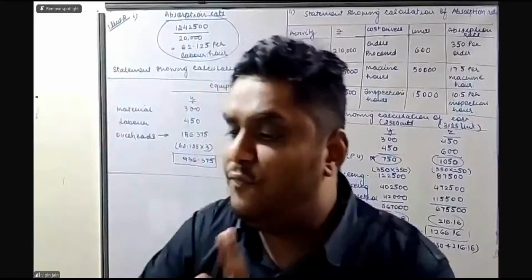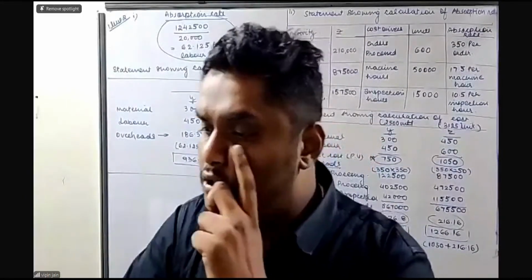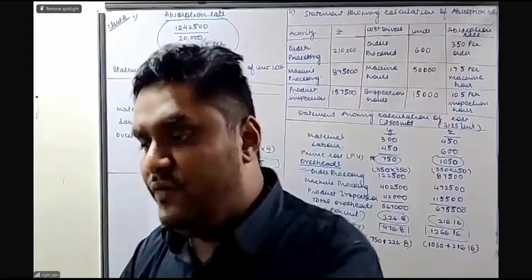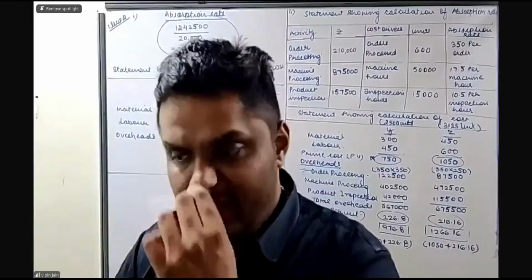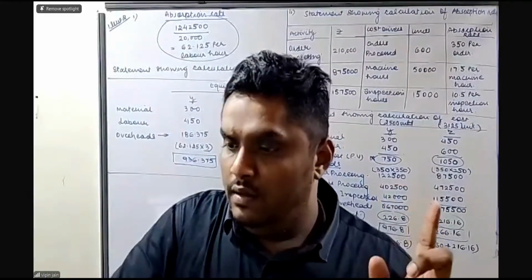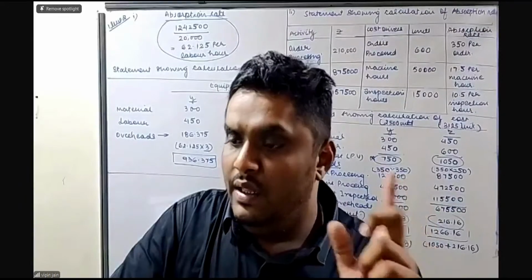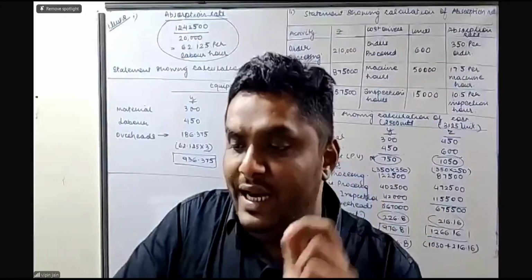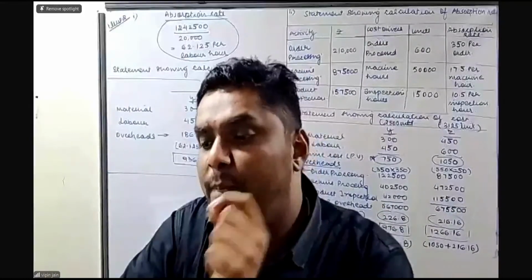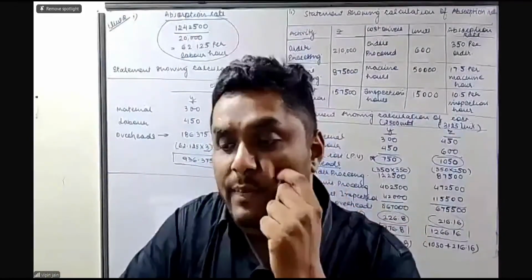See, Pallavi Jha asks, sir, 450 is the total overhead cost because 3 hours into 150... Read the question carefully, Pallavi. The first table is given per unit. That is, the direct material cost is 300 per unit and 450 per unit.